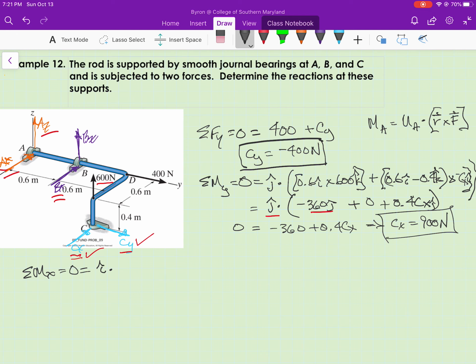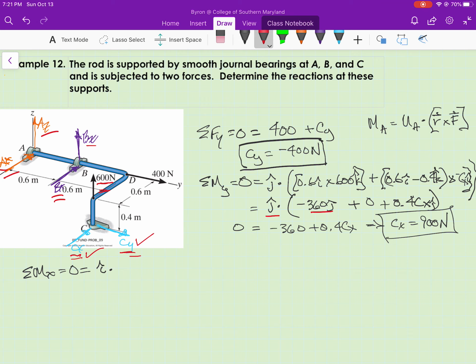I'm going to have the b sub z term, a term for the 600 newtons, a term for c sub y, and I'm sorry, 3 terms. 3 of these forces create a moment about the x-axis, and they are c sub y, the 600 newtons, and b sub z.